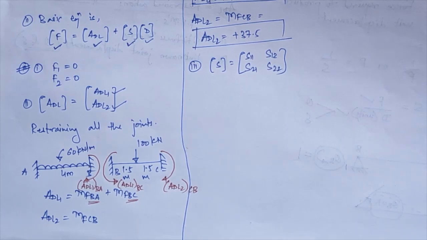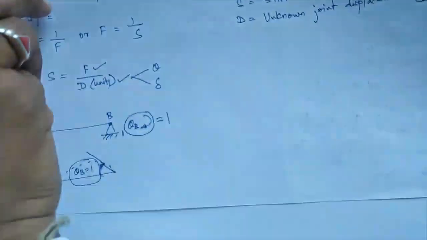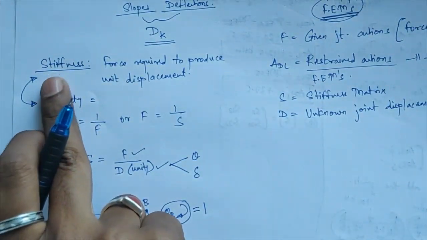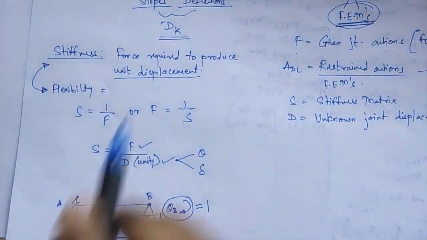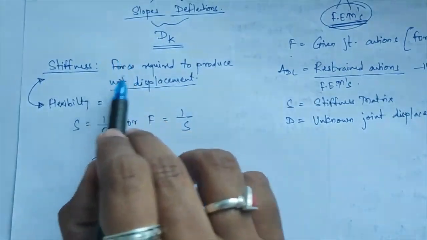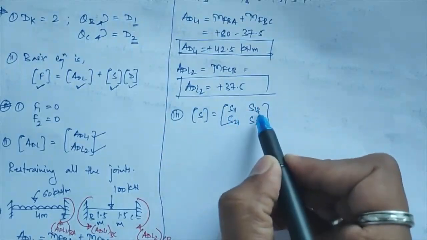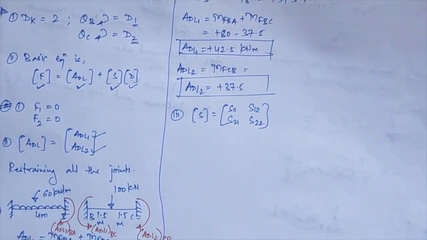Right, now here what you have to do is apply the unit displacement at these selected coordinates, because here stiffness is equal to the force required to produce unit displacement. So for this unit displacement, how much force you are getting, that you have to calculate here. Those forces are nothing but S11, S12, S21 and S22.